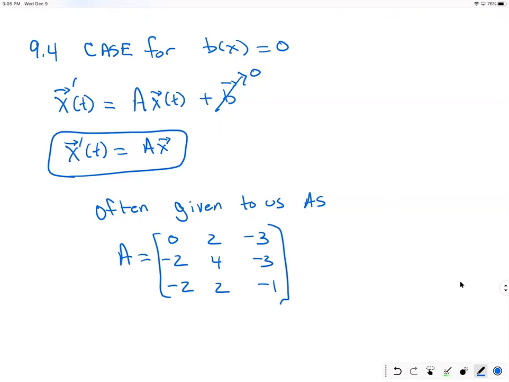So often it's just given to us as the A matrix, and it's understood that we plug this A matrix into this system form.